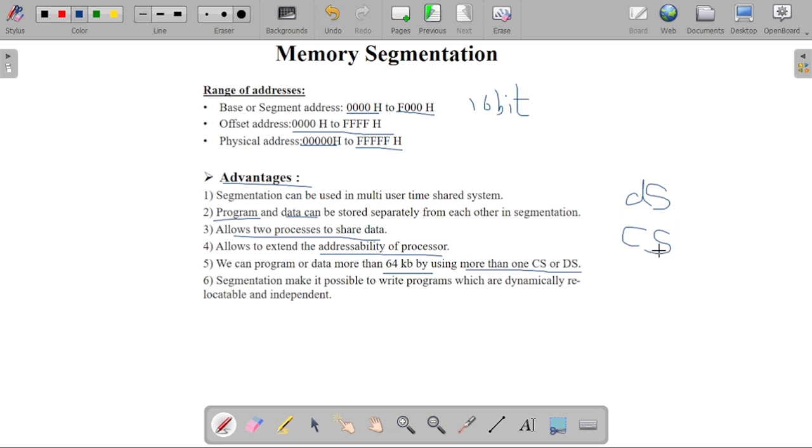So the size can be extended from 64 KB onwards. With the help of segmentation, it is possible to write programs which are dynamically relocatable and also independent. So these are the advantages of memory segmentation. It is very helpful for organizing our information, our data, and our code. That's why we are using the concept of segmentation in the 8086 microprocessor.